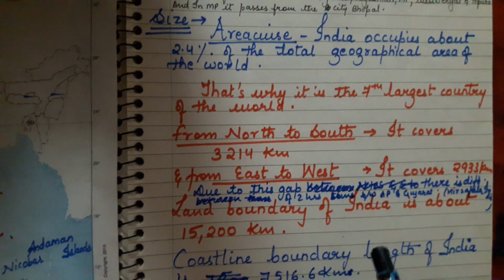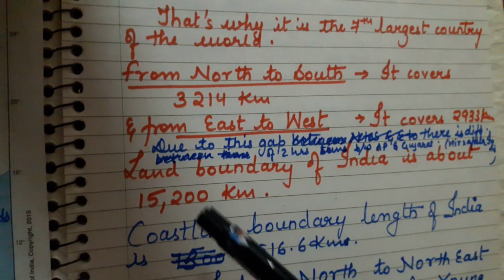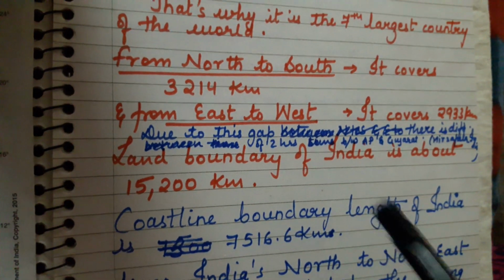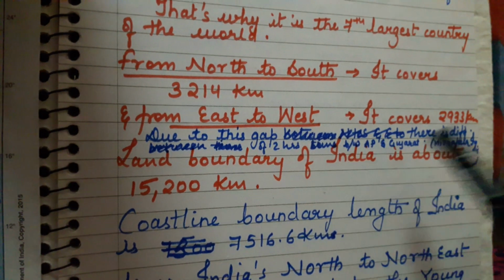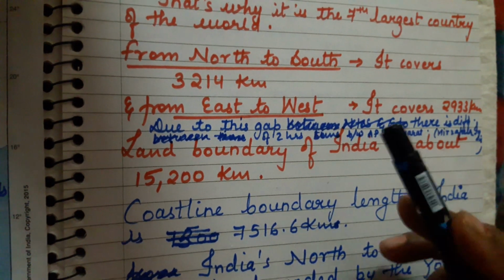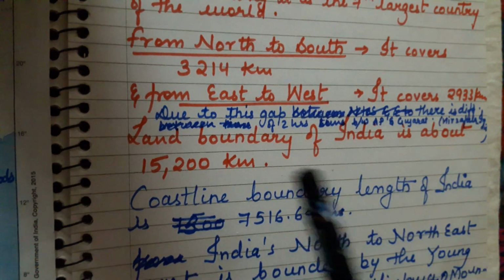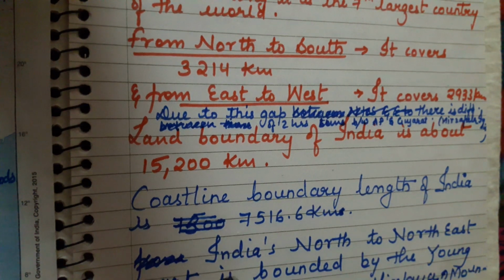Due to this gap, there is a difference of 2 hours between Arunachal Pradesh and Gujarat. This difference creates a 2 hours time delay between Gujarat and Arunachal Pradesh. That means the sun rises 2 hours before in Arunachal Pradesh than in Gujarat.